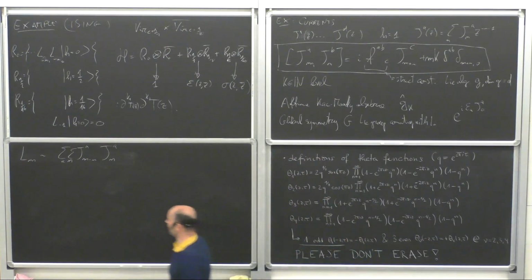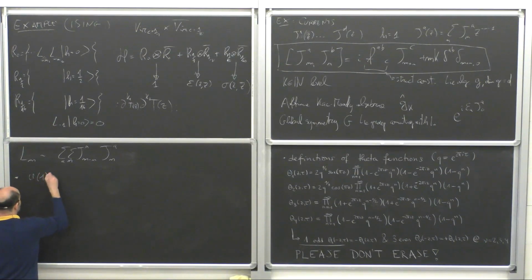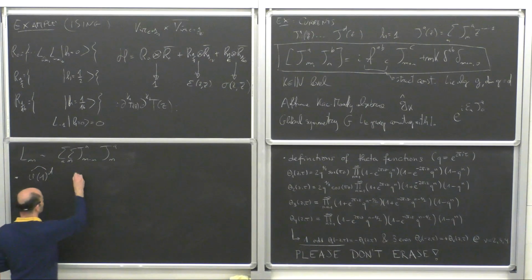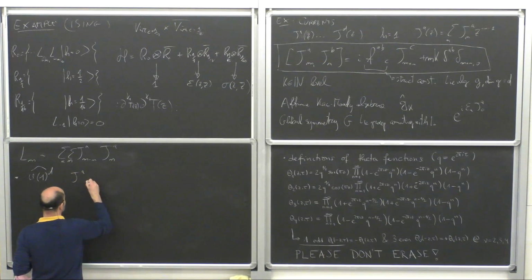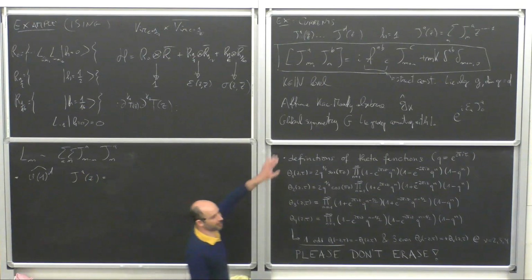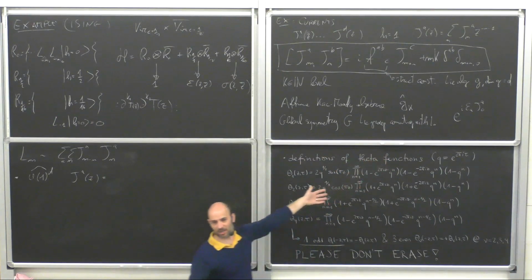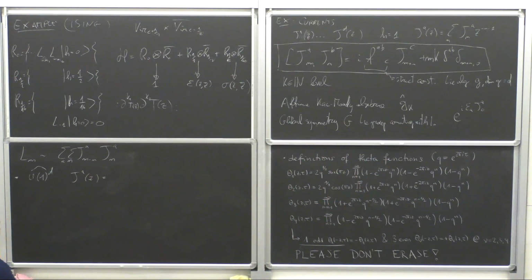So let me give you the easiest example. The easiest example is U(1)^D. You have D currents J^A of Z where the f^{ABC} are all zero essentially, so you have an abelian algebra underneath.